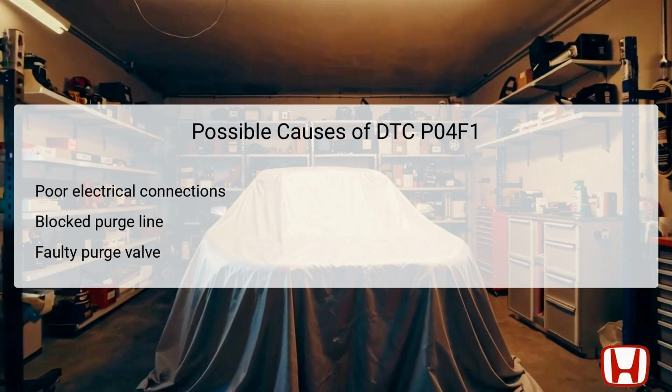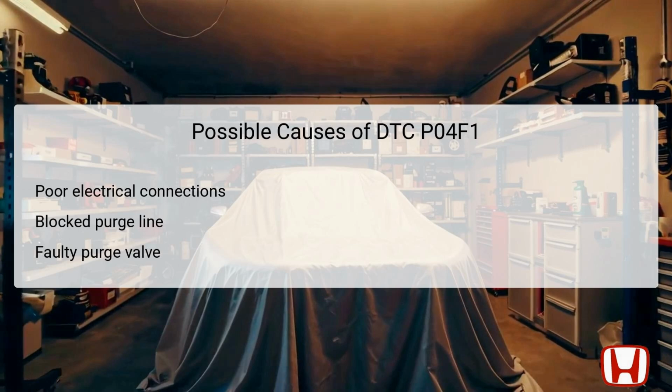Understanding the possible causes of DTC P04F1 is vital in narrowing down the issue. First, poor electrical connections can prevent the proper functioning of the EVAP components, impeding communication between the ECU and sensors. Blockages or damages in the purge line can obstruct vapor flow, resulting in the detection of low purge flow.